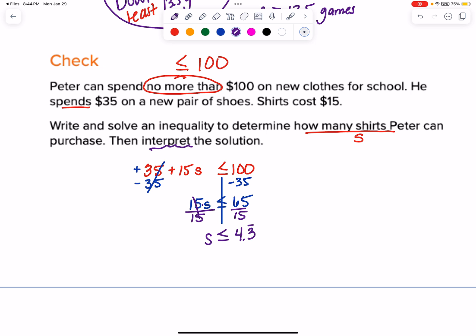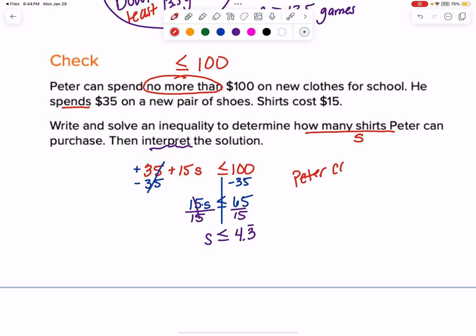How many shirts can Peter purchase? Well, he can technically purchase no more than 4.3 shirts. But since we can't really do 0.3 shirts, the answer is just no more than 4 shirts. So you have to think of the context of the situation.